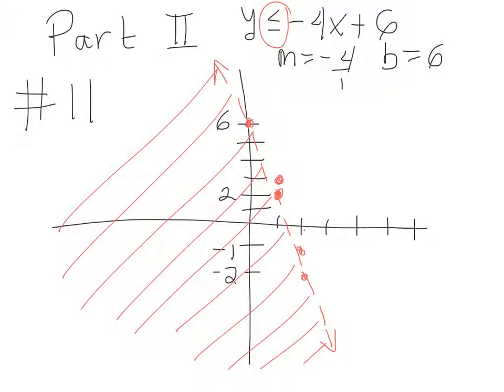The second equation, y is greater than or equal to 9x plus 9. So I have to go to the 9, 7, 8, 9. That's going to be my y-intercept. And then I move 9 up, 1 to the right.